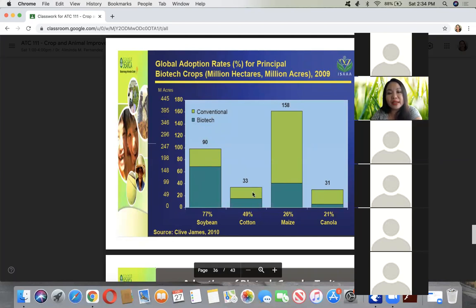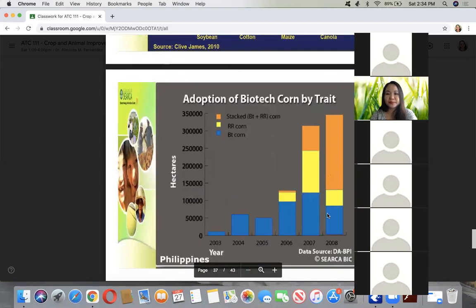For cotton, it is almost equal, but 49% is already biotech. For maize, conventional is still larger, but 26% are already using biotech. And for canola, also 21%.